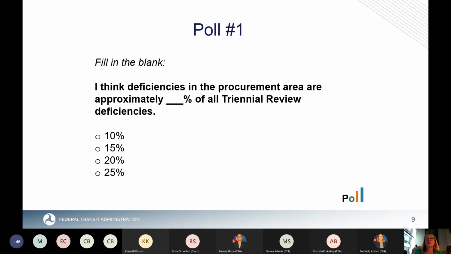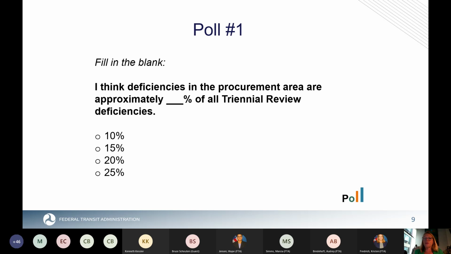So answer this question. I think deficiencies in the procurement area are approximately what percent of all triennial review deficiencies. So if you have the poll pop up in front of you, go ahead and select your answer. If you don't, we've just provided the questions for you so you know what everyone else is looking at.